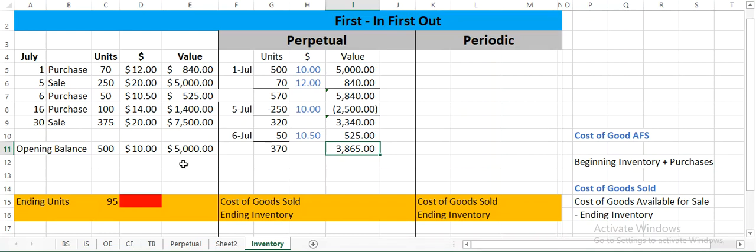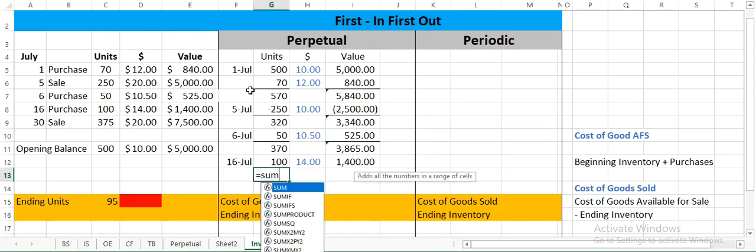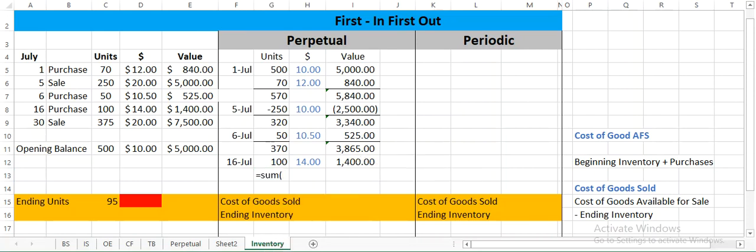Okay, on the 16th we did the same thing. We made a purchase, and so let's put that in there. 16th, we made a purchase of 100 units at $14. The value of those units that were just purchased is $1,400. And so again, let's add everything up.